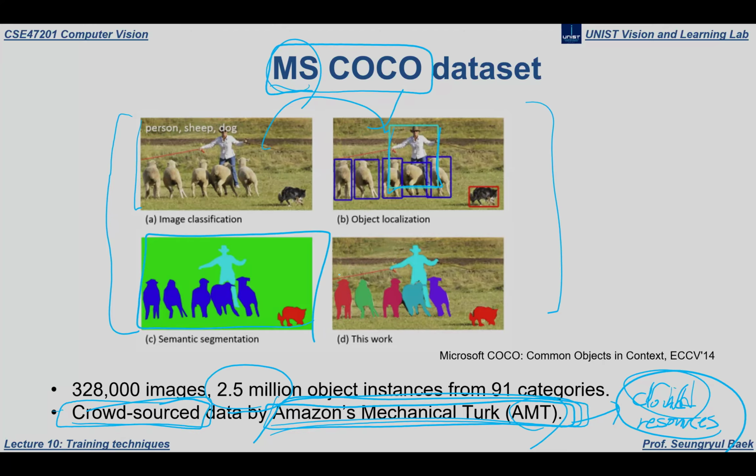And some discriminate their instances as well, okay? So they are making much data using this crowdsourcing, okay? They have this number of categories, okay? This was very sensational.